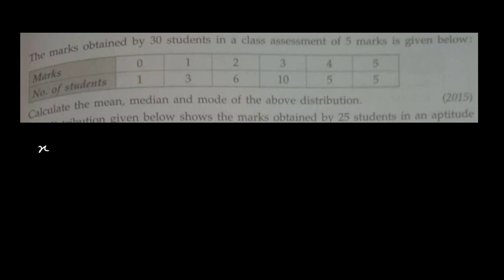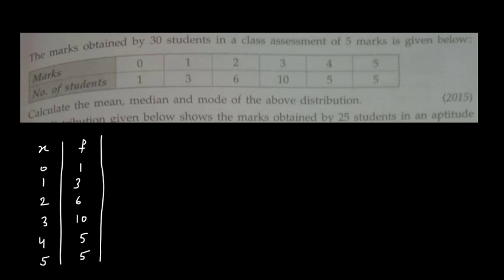First you have a column of X which has the values 0, 1, 2, 3, 4 and 5. Then you have a column of frequency F. This is 1, 3, 6, 10, 5 and 5.